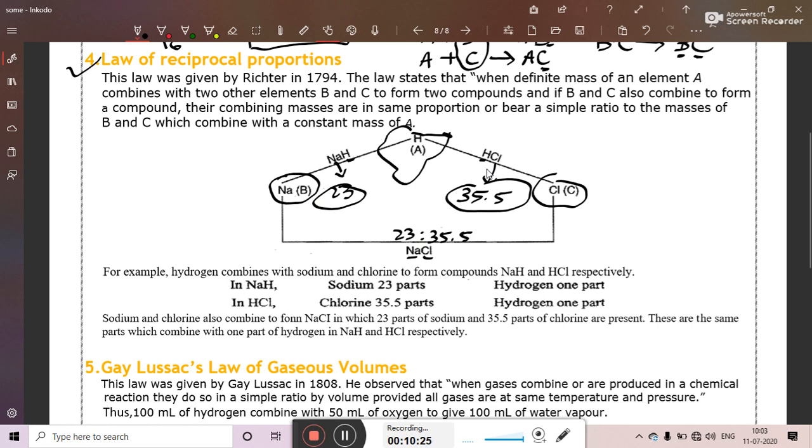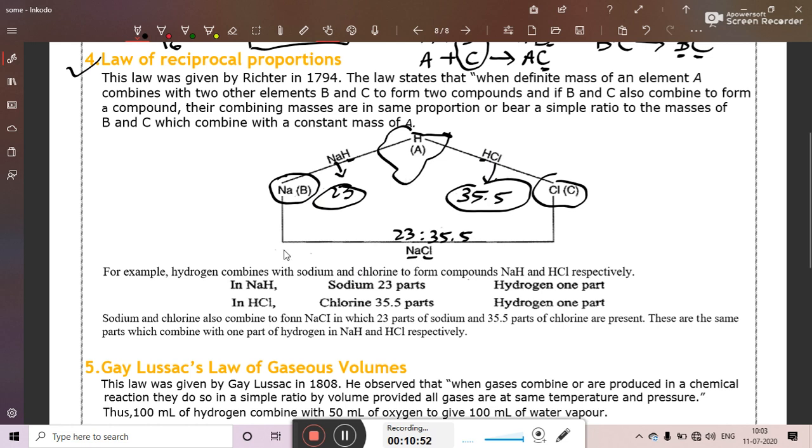Okay. So here we will see in case of NaH, sodium is 23 and in NaCl also sodium is 23. In the same way, Cl in HCl is 35.5 and Cl in NaCl is also 35.5. So the ratio of B and C in compound BC is the same as the ratio of B and C in compounds AB and AC.